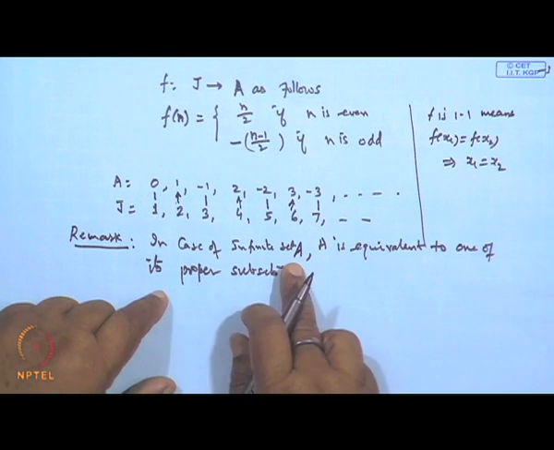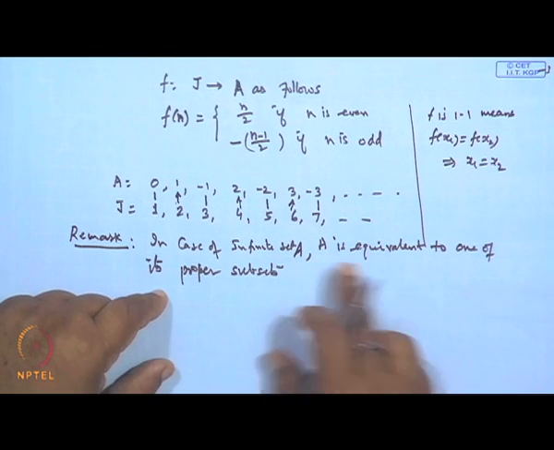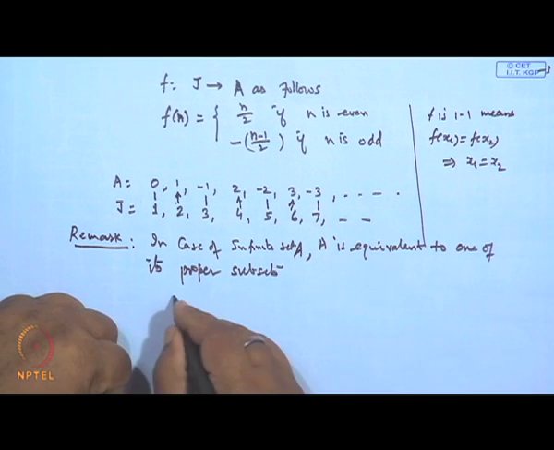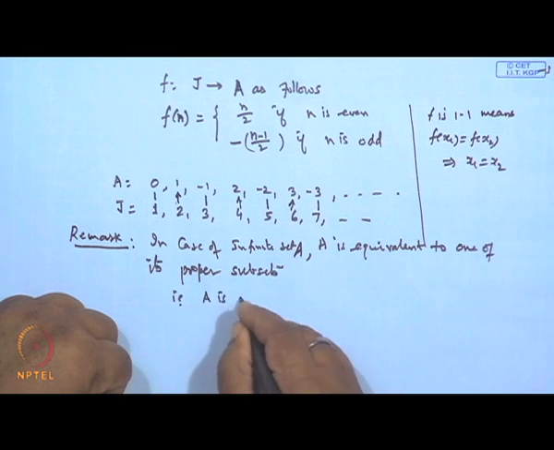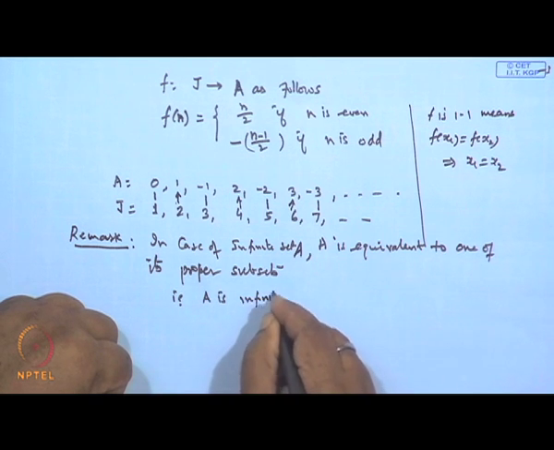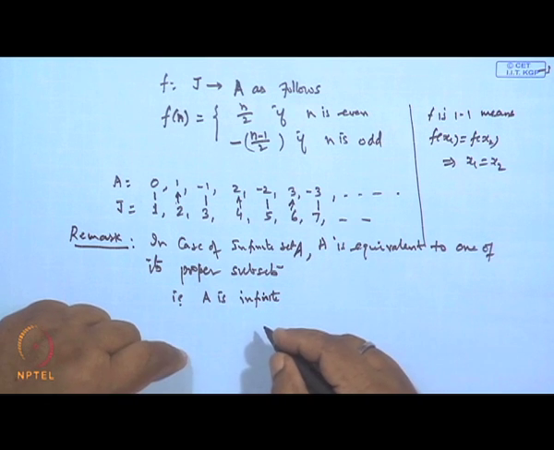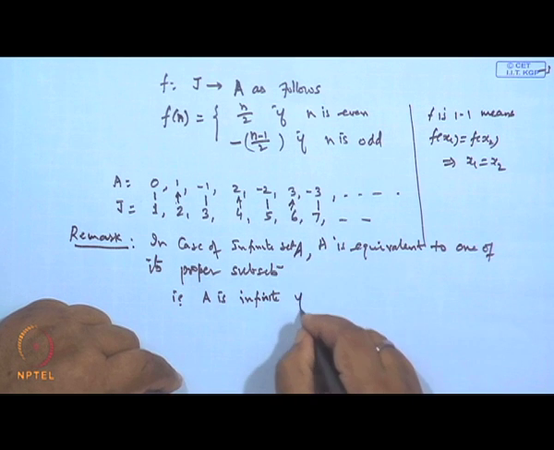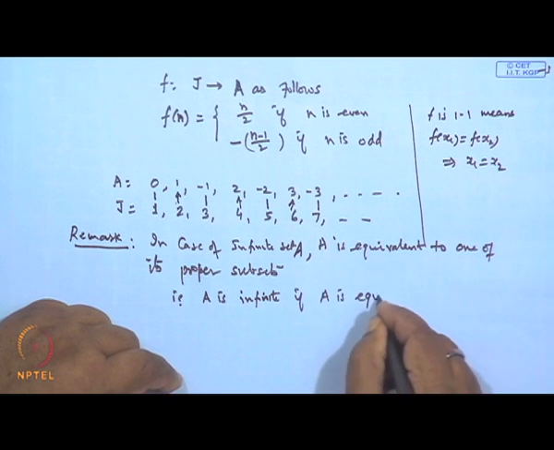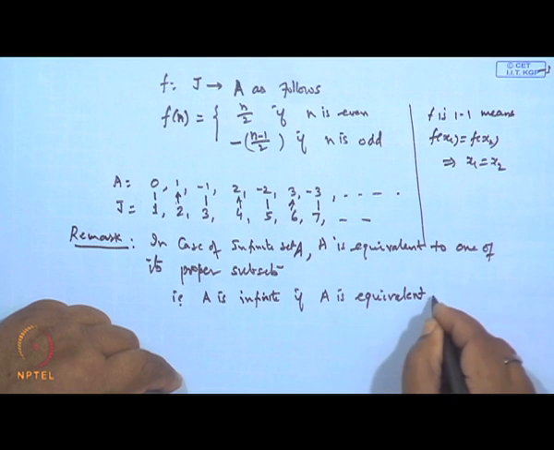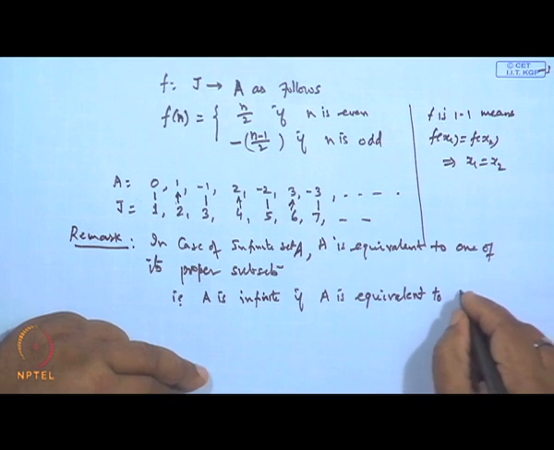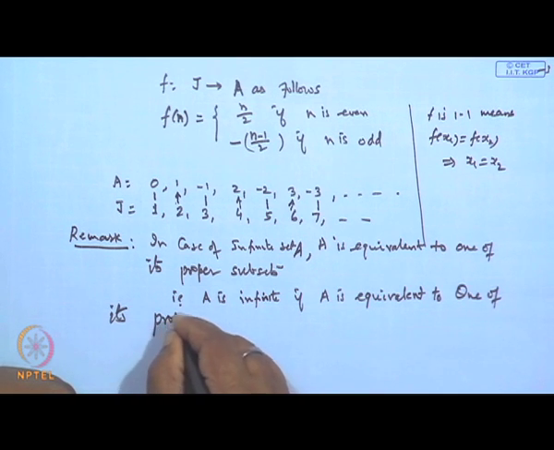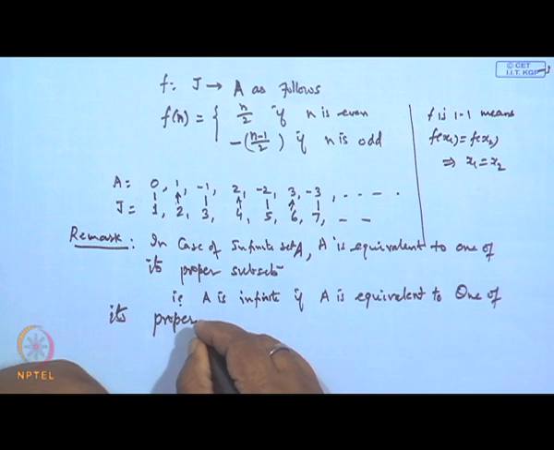We say a set is infinite if A is equivalent to one of its proper subsets. So, we say A is an infinite set if A is equivalent to one of its proper subsets.